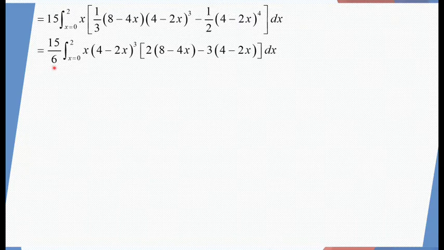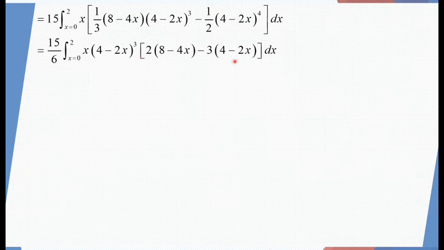So the 6 comes outside the integral, and when we take it, 2 is multiplied to this function and 3 is multiplied to this particular function. So twice of (8 minus 4x) minus thrice of (4 minus 2x). Multiply this 2 inside and 3 inside the bracket.